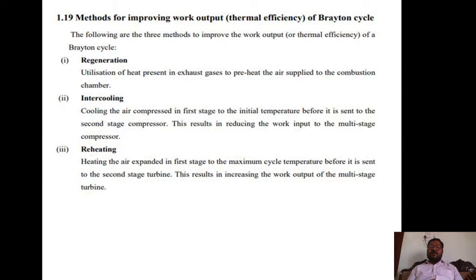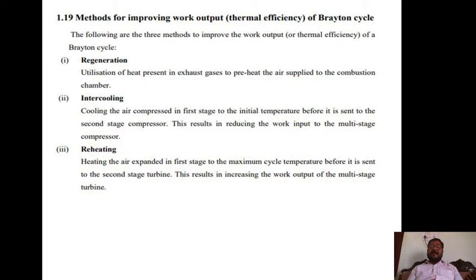If you use only one stage compressor, then maximum work will be absorbed, and this work absorption can be reduced by using the intercooler. That method is called intercooling. In this method, the work input to the compressor is reduced, because the compressor is a work absorbing equipment.